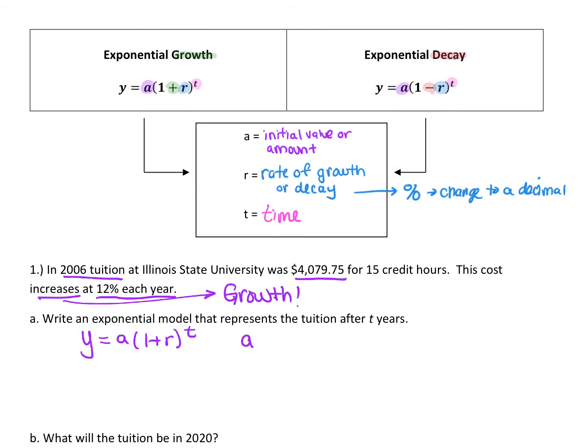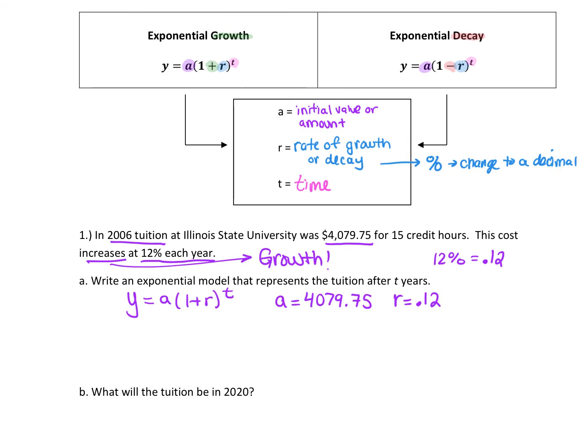So what's my initial amount? My initial amount was $4,079.75. My rate of growth was 12%, but I want to take that 12% and turn it into a decimal, so it'd be 0.12. So always write our rate as a decimal. I'm now going to plug these into my formula. They told me to leave it in terms of t, so I'm not plugging in anything for t.